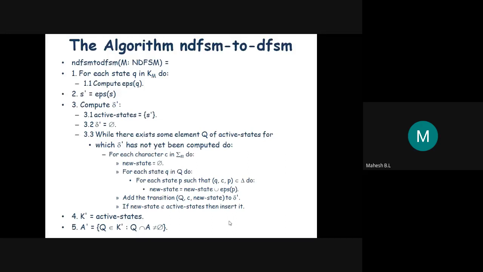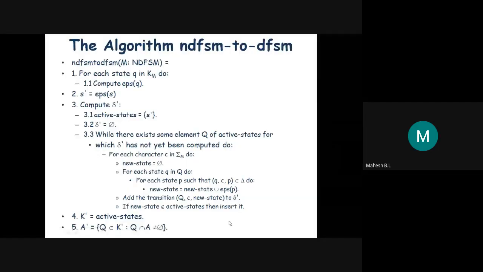If new state doesn't belong to active states, then insert it. K dash is equal to active states. Then A dash is equal to the Q belonging to K dash such that Q intersection A is not equal to ∅. So already you have solved the problem.